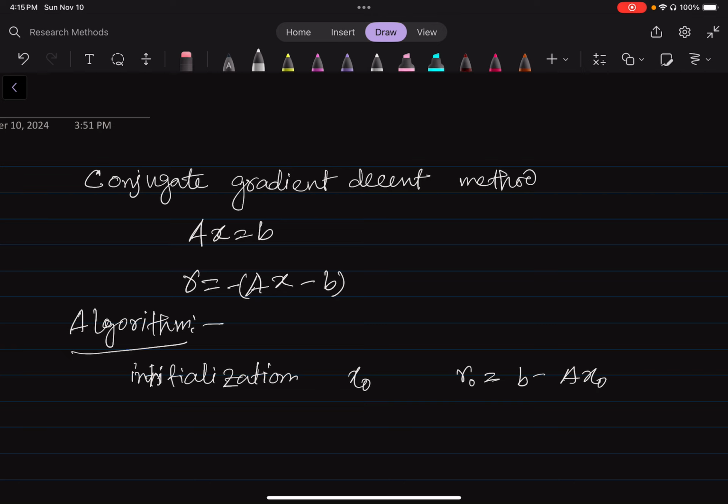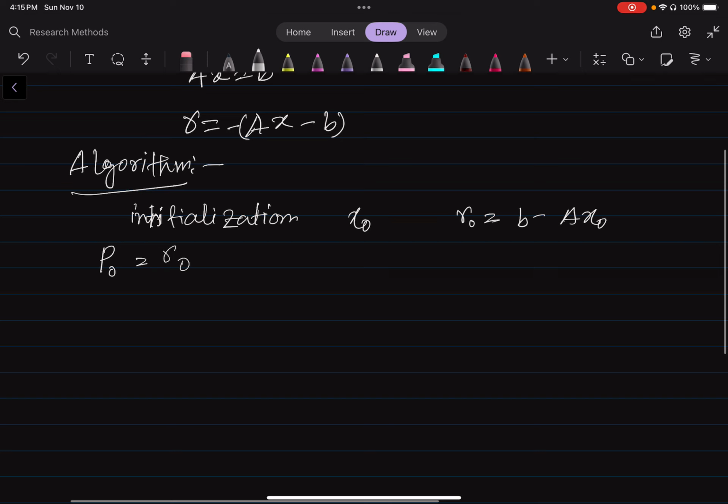Next we find the first direction p naught, which is r naught. Then the iteration will start.